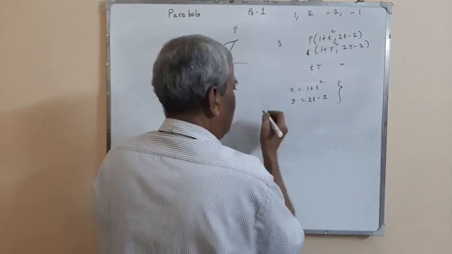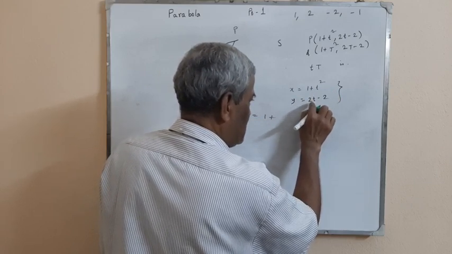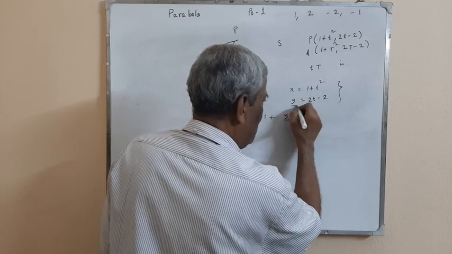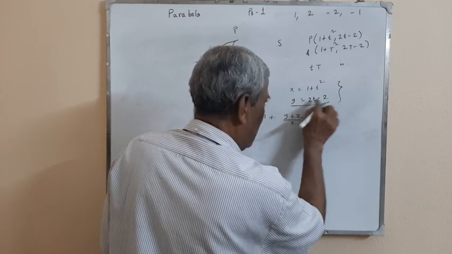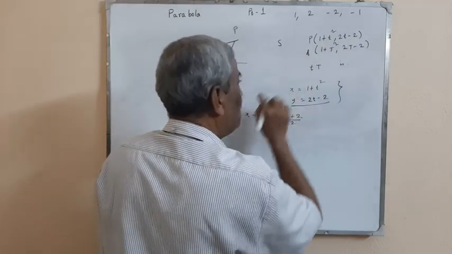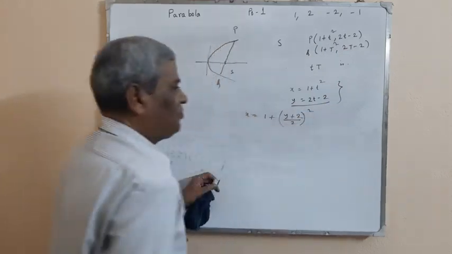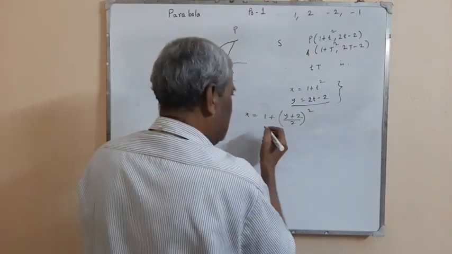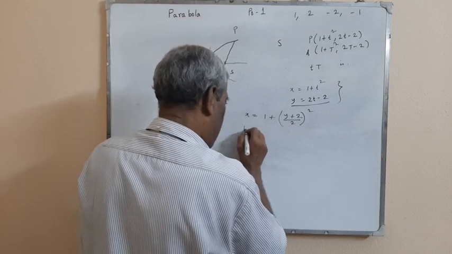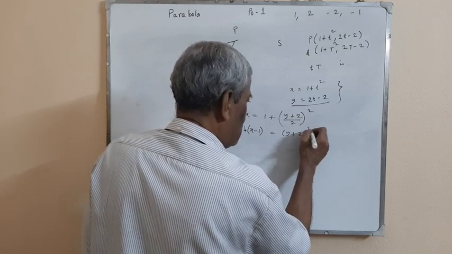From y = 2t − 2, t = (y + 2)/2. And x = 1 + t², so t² is this, and it becomes 4(x − 1) = (y + 2)².